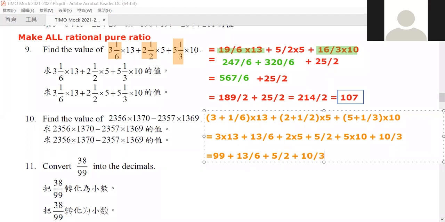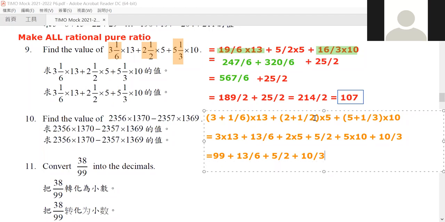Now, of course, we can further reduce it, because 33 over 6 will be equal to 2 plus 1 over 6, right? And the second term is equal to 2 plus 1 over 2. And the final term is equal to 3 plus 1 over 3. So in other words, it's 99 plus 2 plus 2 plus 3.